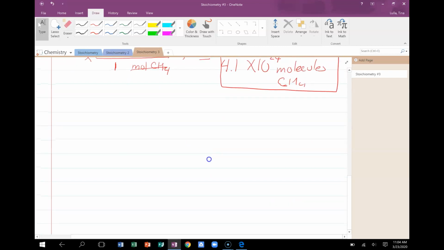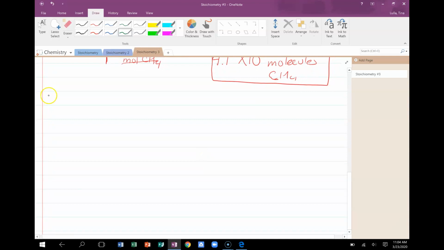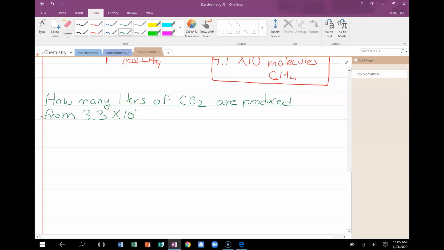Okay, so let me make up the problem for you. It's going to be this. How many liters of CO2 are produced from 3.3 times 10 to the 25th molecules of O2?